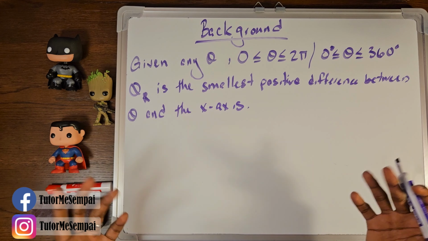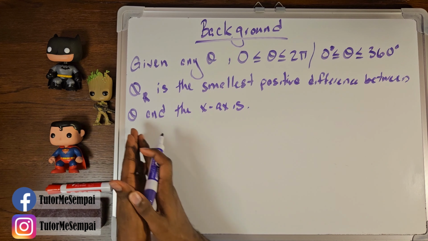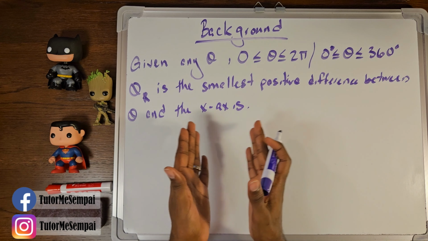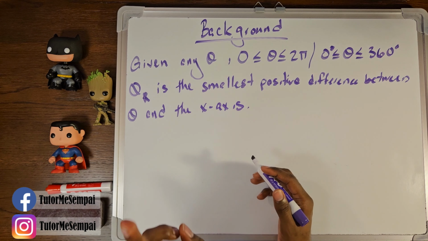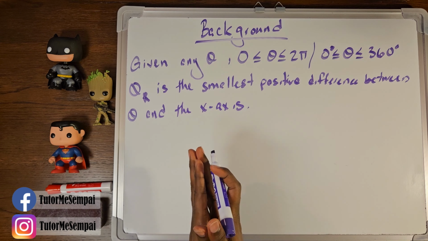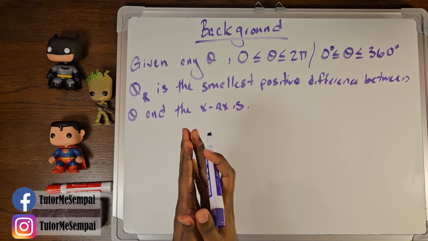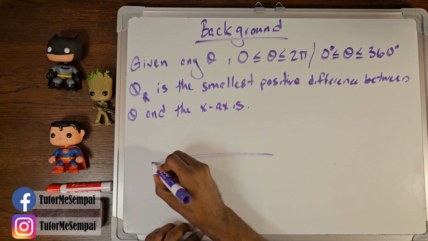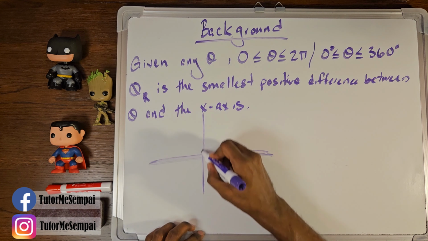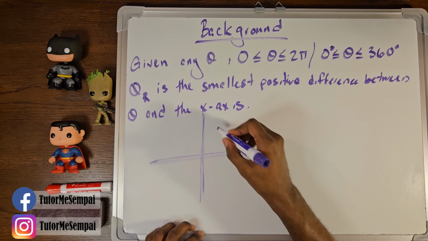Now you may be thinking, what does that mean? The smallest difference between theta and our x-axis. What is the value of the x-axis? Well, at this point we should know that we have 3 possible values for our x-axis depending on where we are, and that's true for both radians and degrees. So let's say we are on this line here. This is your y-axis and this is your x-axis.